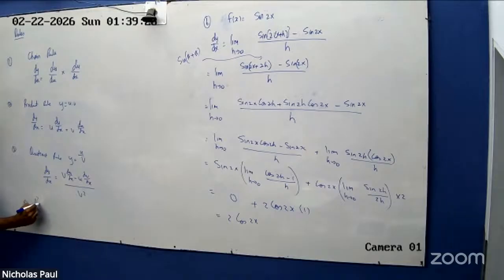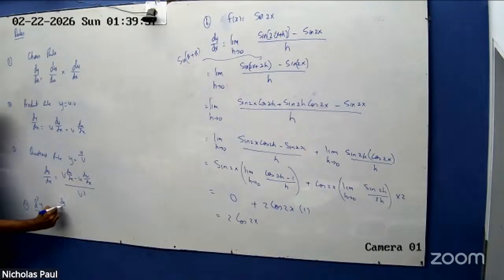What does d2y dx squared mean? You're taking dy dx and you're differentiating it again with respect to x. You'll recognize that you're going to get d squared y, and dx times dx, which is dx squared. That's why it's written like this.